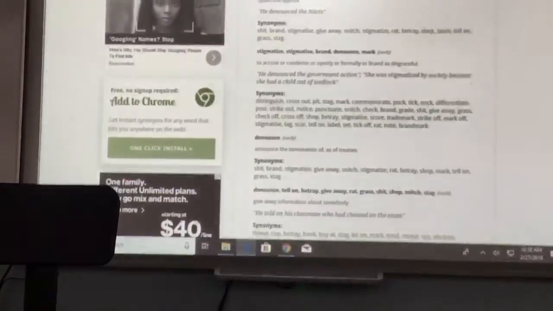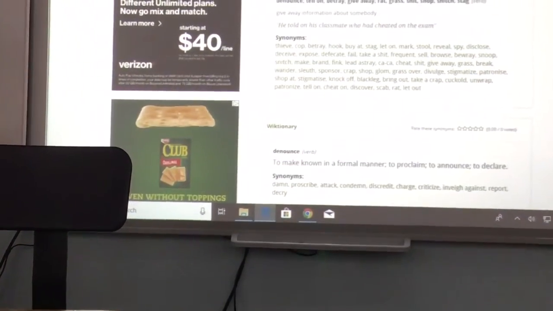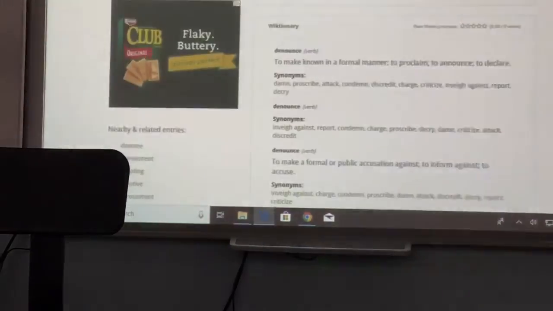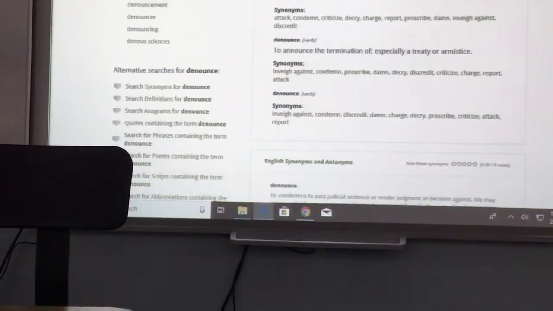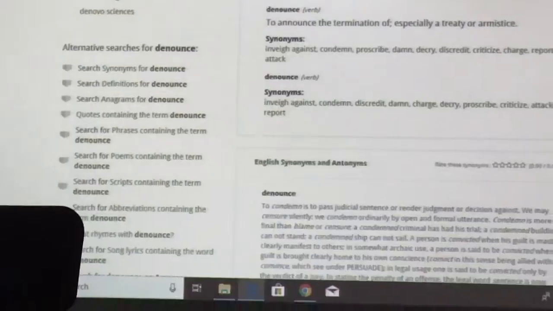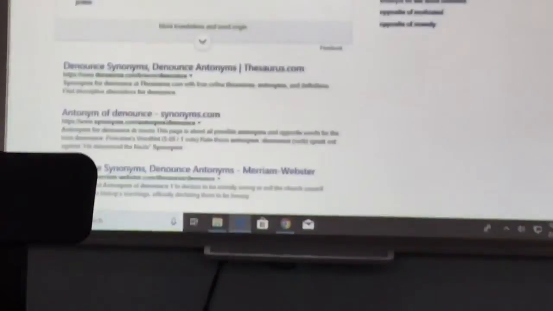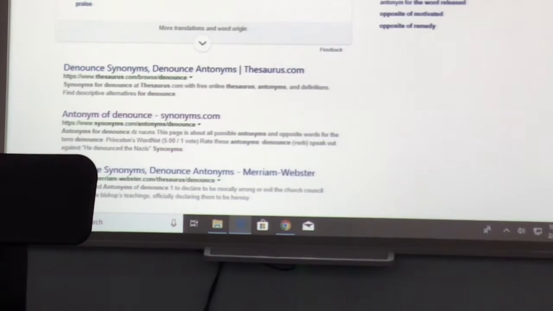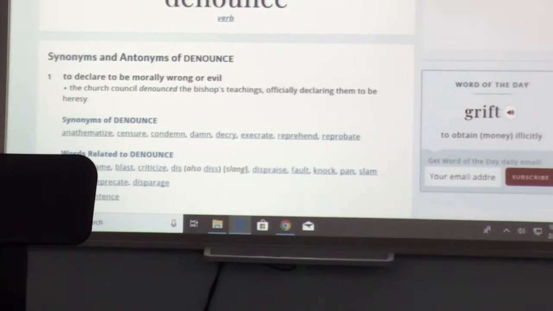Interesting. I see synonyms, synonyms, synonyms. This is great. But we're not gonna give up, because I actually think we're correct, but I want to verify that we're correct.